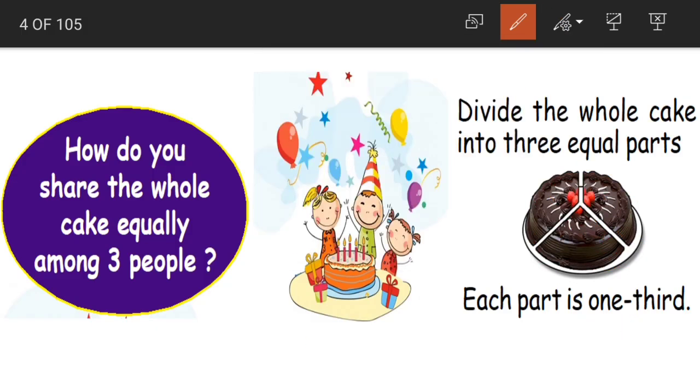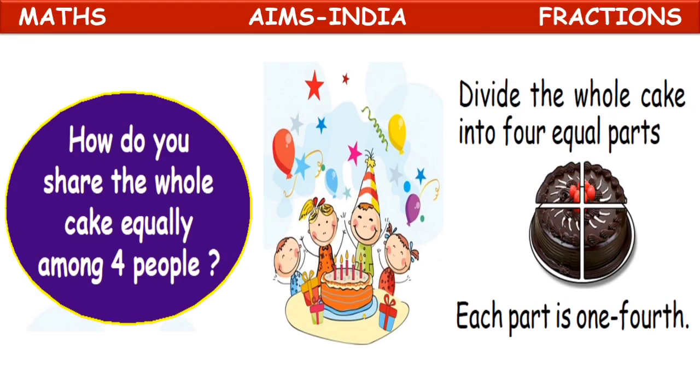Okay children. See, when we divided the cake into two parts, each part was called a half. Now here we are dividing the cake into three equal parts, so each part will be called 1/3. Now, how do you share the cake equally among four people? When we divide the whole cake into four equal parts, can you see? 1, 2, 3, 4.